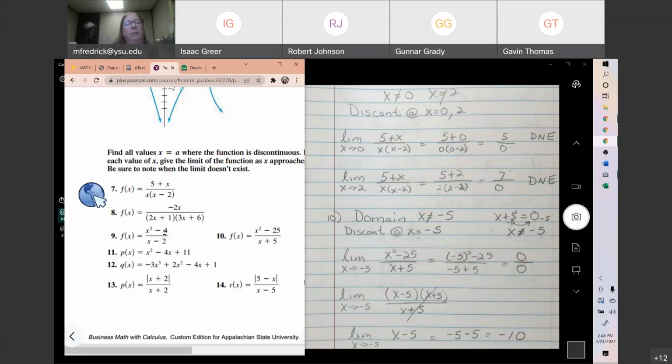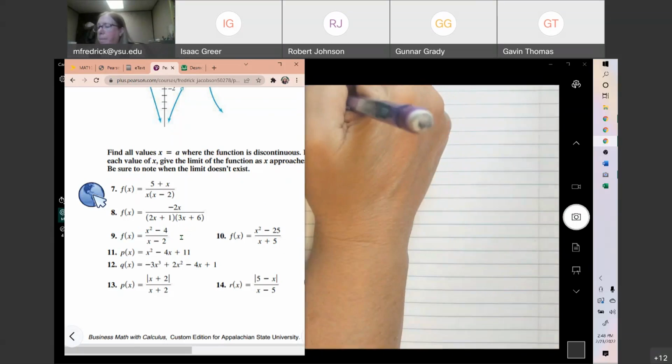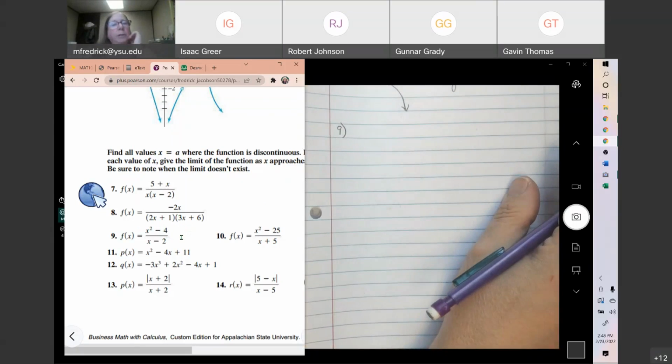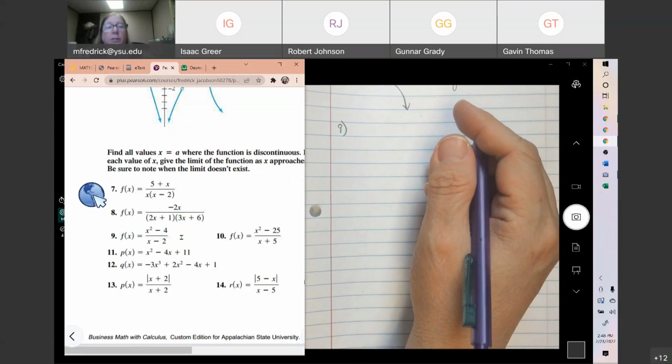Yeah, let's do number 9 real quick, because you're definitely going to see this on next week's exam. So the first thing you want to do is find out where it's discontinuous. To do that, you find the domain.